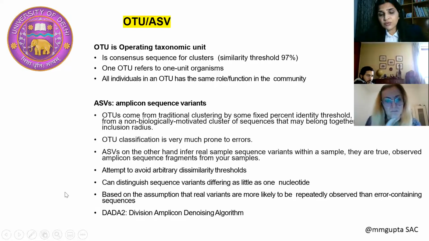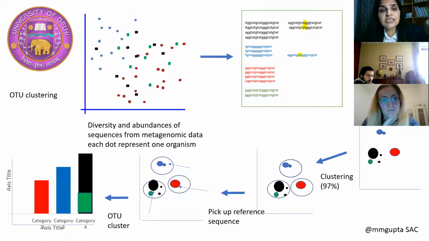Let me show you what happens when we apply this algorithm rather than the normal OTU partitioning. I assume I have community data where four types of sequences are present, represented with different colors here.